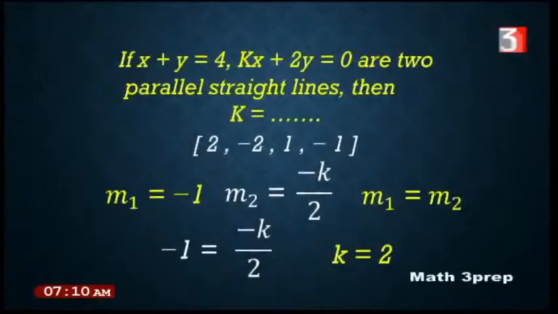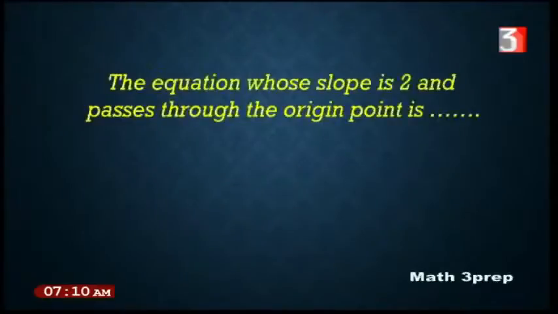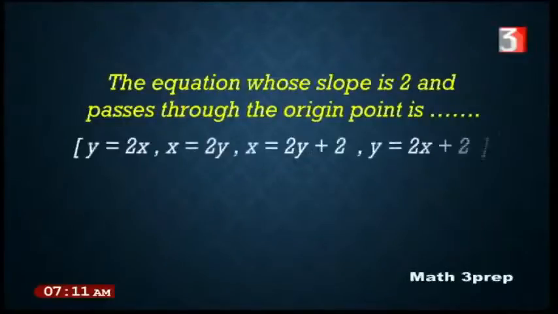Another example: the equation whose slope is 2 and passes through the origin. What about the equation of the straight line whose slope is 2 and passes through the origin point? Is it y equals 2x, or x equals 2y, or x equals 2y plus 2, or y equals 2x plus 2?